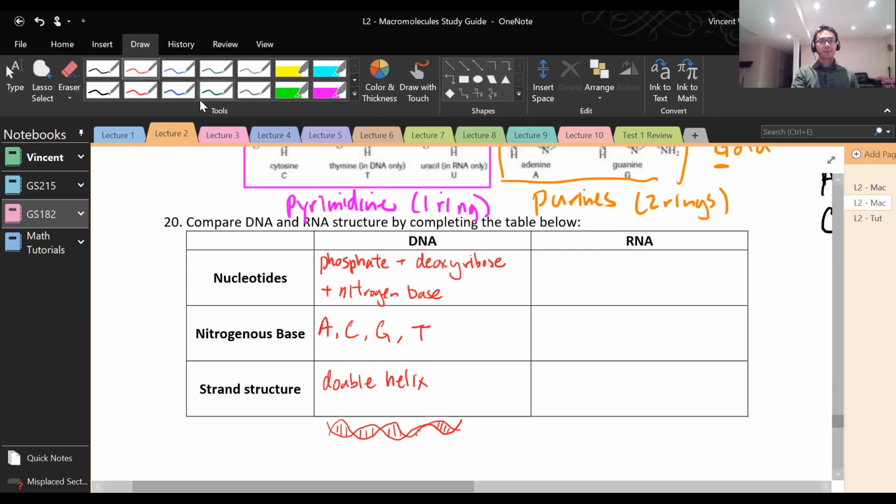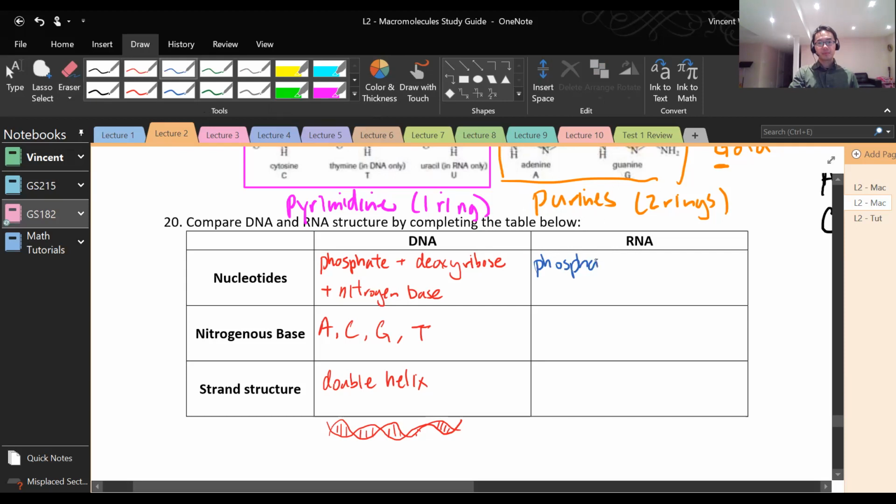For RNA, we are going to have the same thing: phosphate plus a ribose sugar and also a nitrogen base. However, instead of the same bases as DNA, we have A, C, G, and uracil. Okay, so uracil replaces thymine. No thymine in RNA, only uracil.